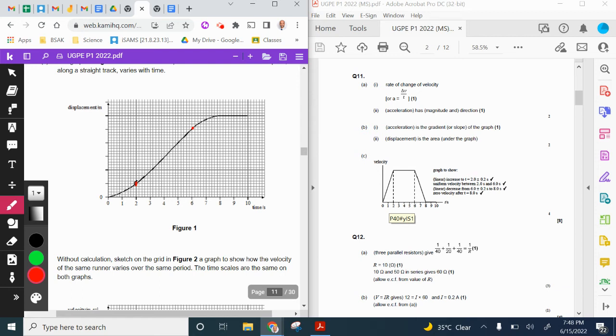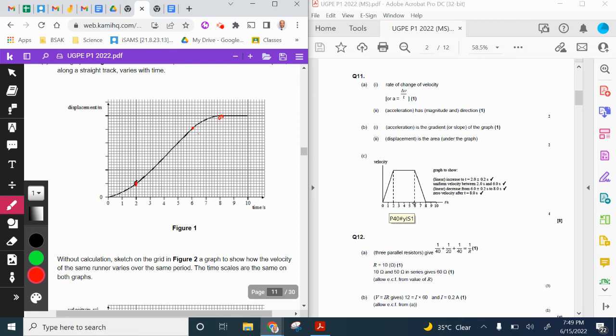From 2 to 6, gradient is constant, velocity is constant. And from 6 seconds to approximately around about 8 seconds, we see that the gradient decreases. So that means that the speed decreases. And it decreases to 0 because we can see that the gradient here is 0, so therefore the velocity is also 0 after 8 seconds.